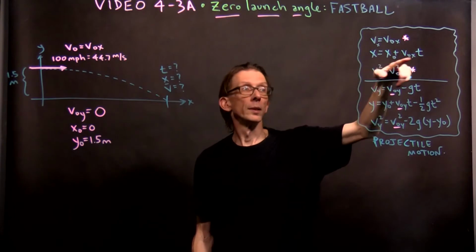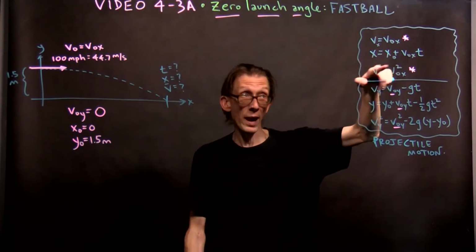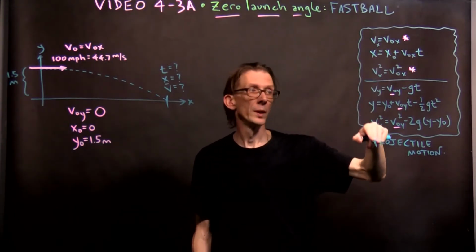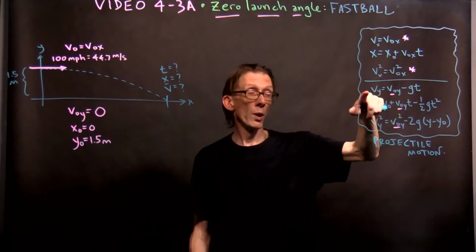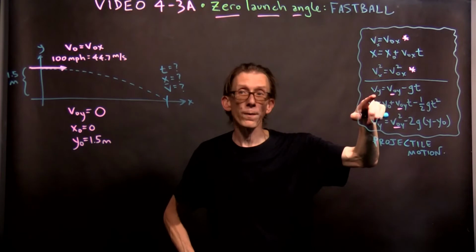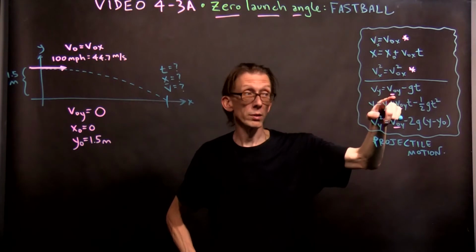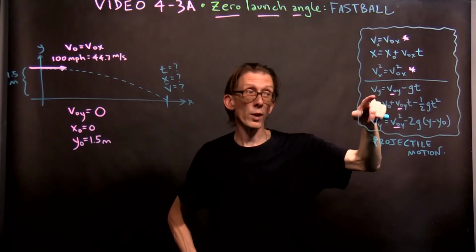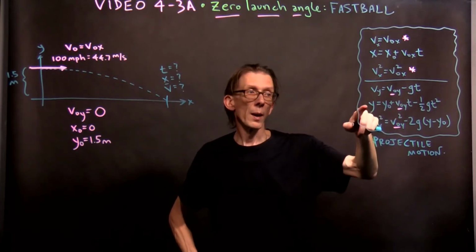Here, we don't know x, so we can't use this one. Number 1 in the y direction, let's see, we don't know Vy, the final velocity in the y direction. We know the initial velocity in the y direction, but we don't know the time, so we can't use that. How about this one?